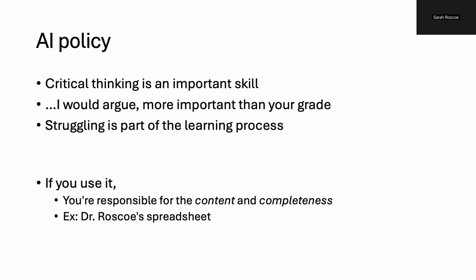So the stuff that AI can give you could be false. It could give you incorrect content or stuff that doesn't actually exist. So you're responsible for the content if you choose to write something and turn it in, and for checking that each part of it is actually correct. The other part is completeness.